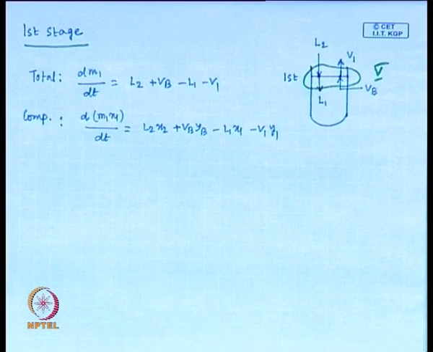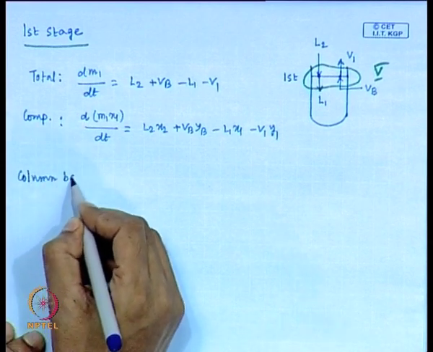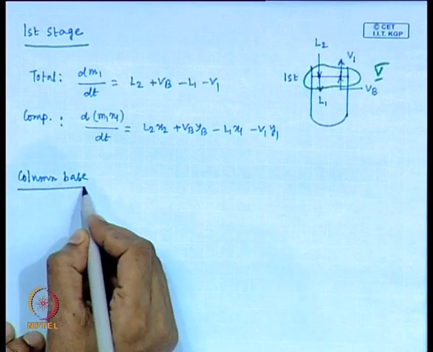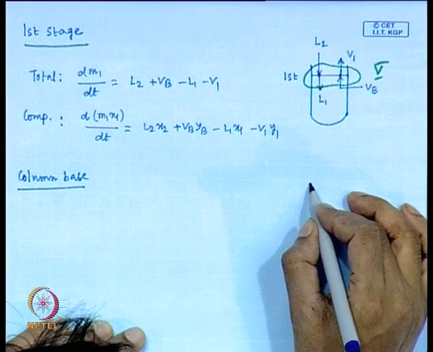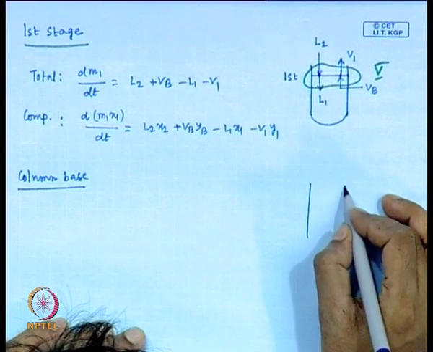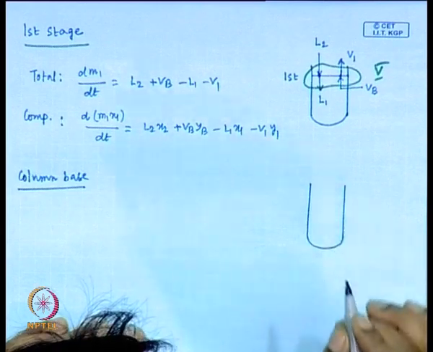The last envelope we have to consider, that is the column base, which is also not included within the nth stage. So, last one is the column base. The schematic of that is somewhat like this.